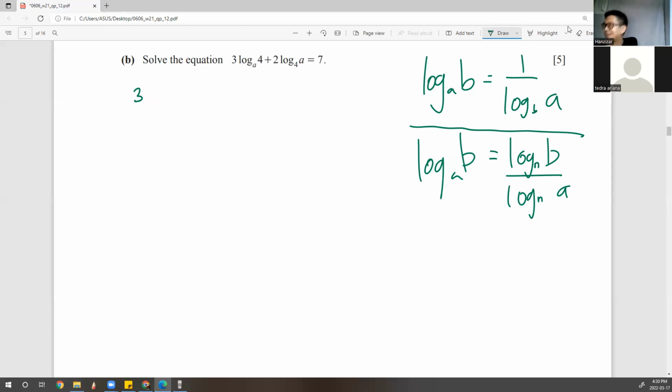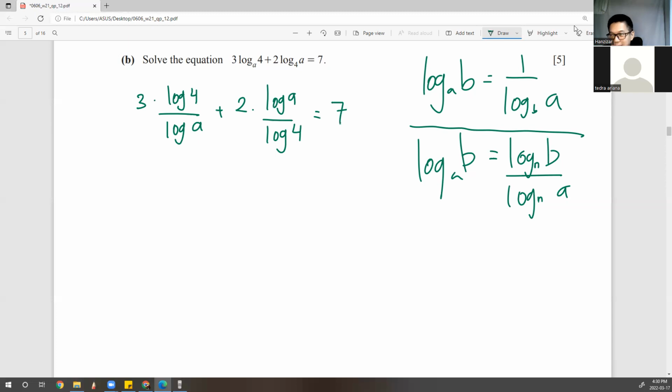I prefer the bottom part. So like this, I'll explain to you. 3 log 4 over log a plus 2 log a over log 4, careful, log a over log 4 equals 7. Keep it like that.